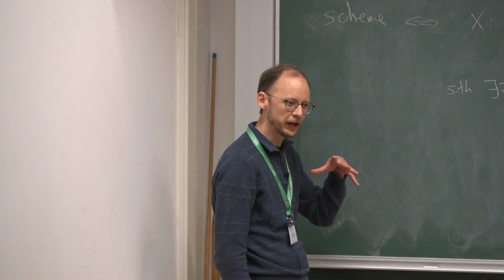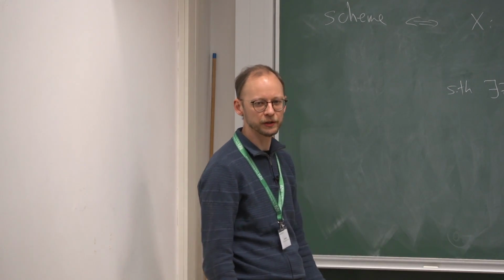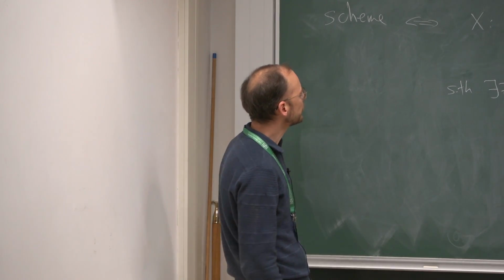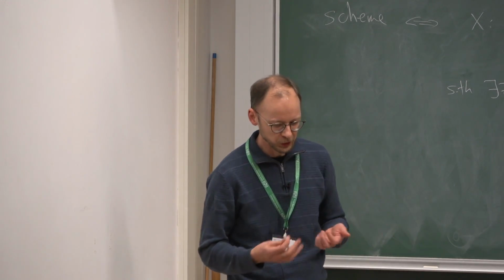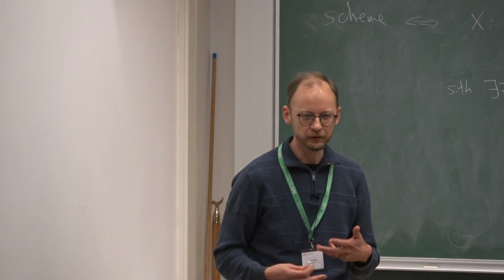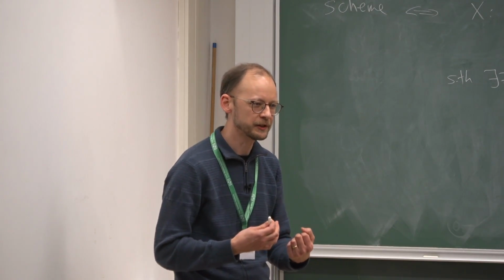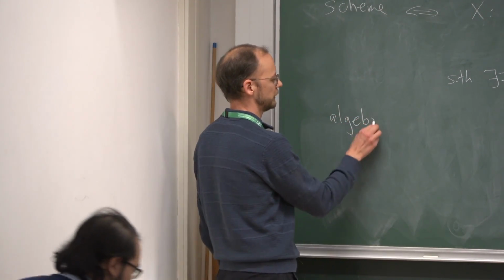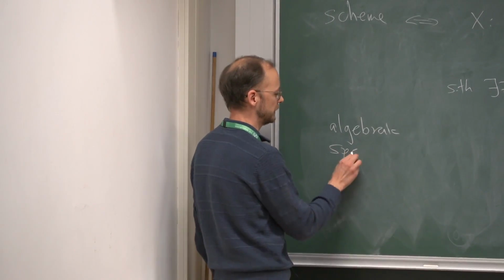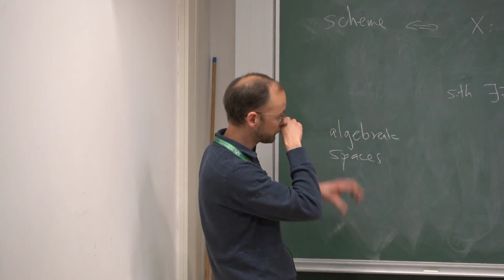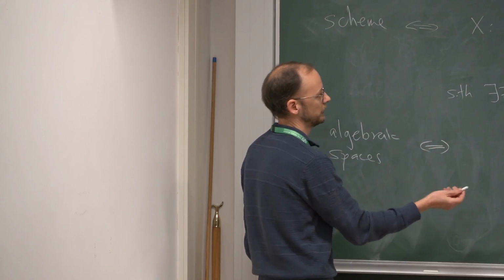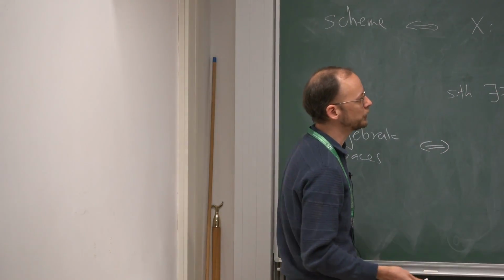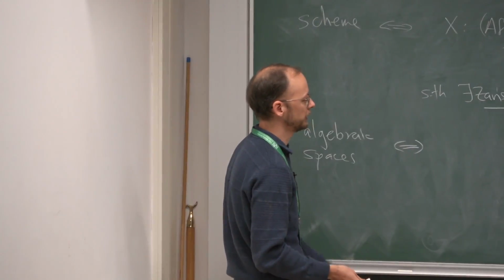When you think of stack, you should think of scheme as a functor rather than as a space. And then, when you do GIT, you're mostly working with projective, quasi-projective, affine varieties. But if you want to take a stack perspective, you are kind of forced to also deal with algebraic spaces. So let me just say that an algebraic space, just to have the word, is a functor which has some sheaf property.